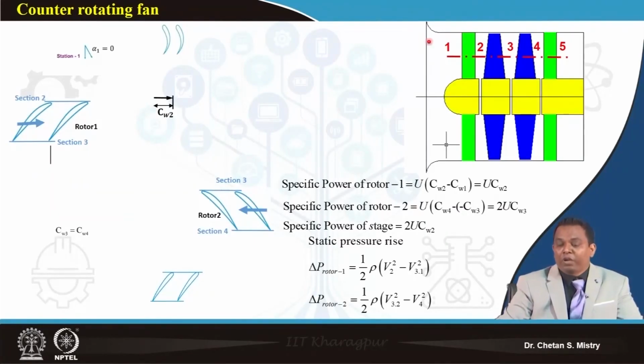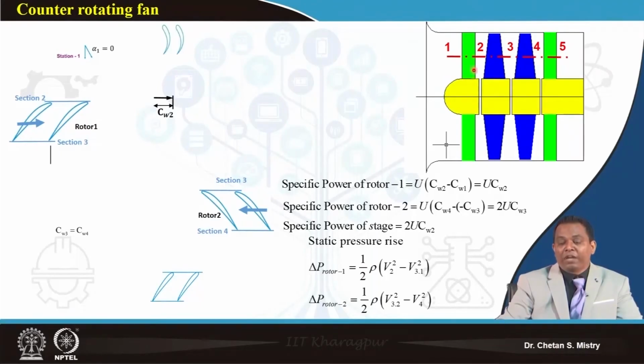Here, this represents the contra-rotating configuration. Suppose the first rotor is rotating in the clockwise direction, then rotor 2 will be rotating in the opposite, counterclockwise direction. This is a very interesting case when we discuss different configurations.